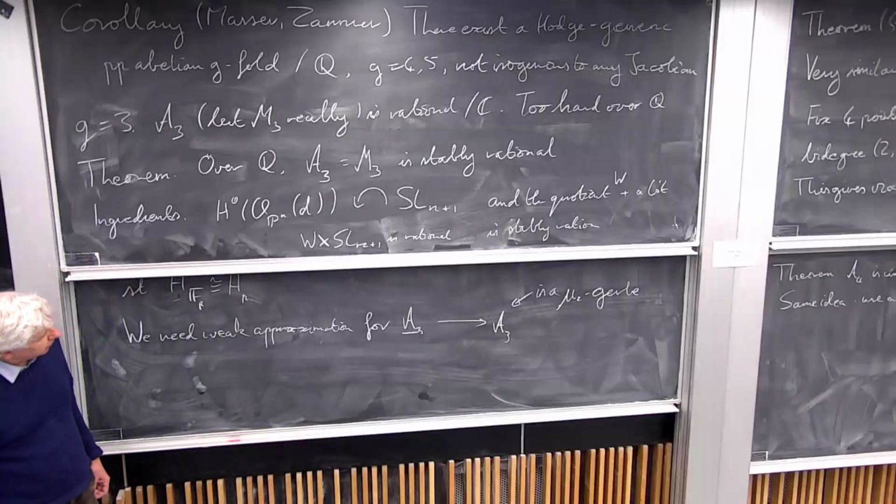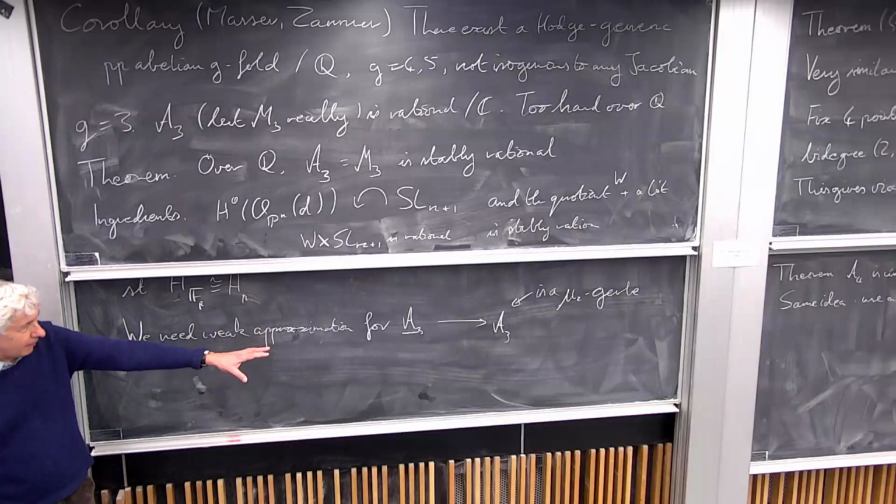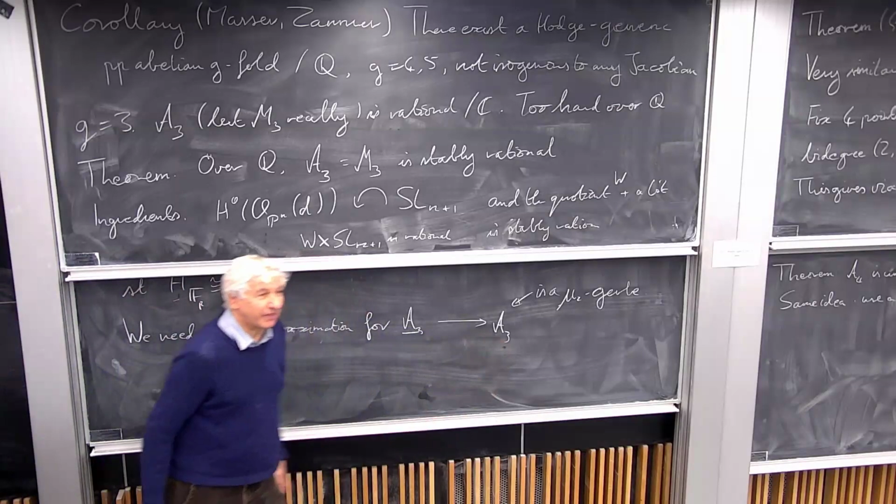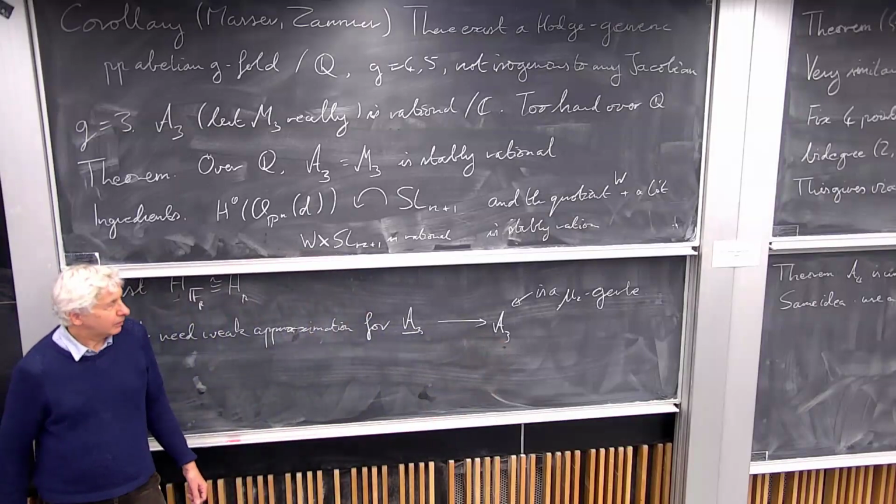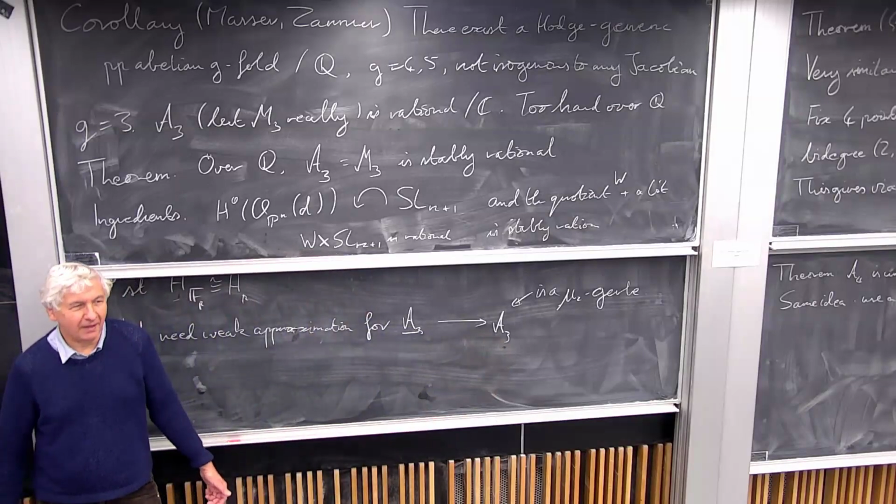And what we know is there is a theorem of Shimura which says that, for this case, this is what is called a neutral gerbe, that's a stack for a trivial bundle.